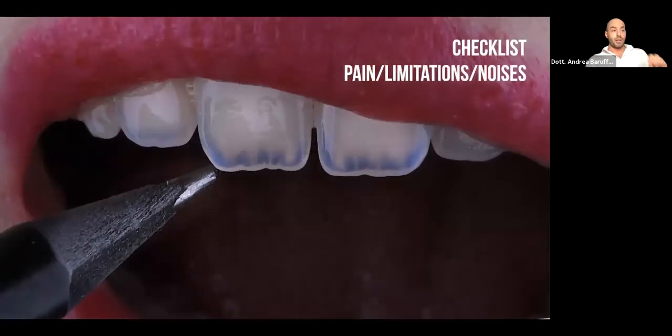So going to the practical part, when we analyze a patient, we go through a checklist where we investigate the pain, the limitation, and if there are noises during the TMJ movement. Of course, every time the objective exam is really important, and the passages are always the same.